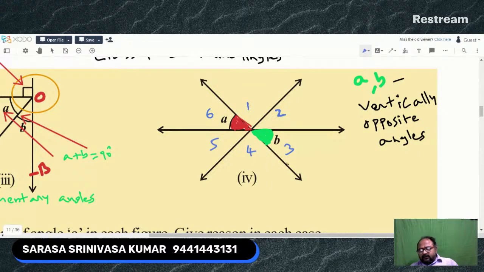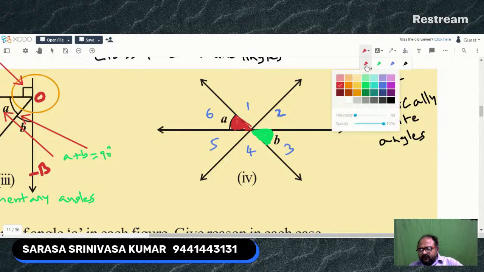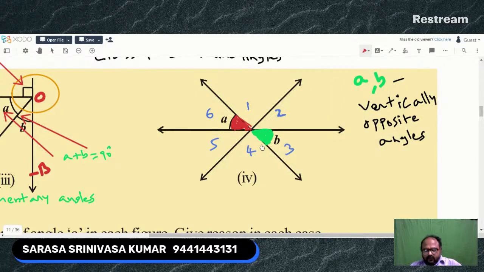What are the vertically opposite angles in this diagram? Students can respond to the questions in chat box. What are the vertically opposite angles in this diagram? Can any student respond to this question?